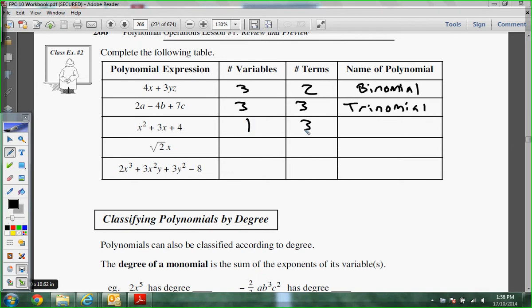And you'd call it a trinomial. Good, good, good. Josie? 1 variable. 1 term. Good. Okay, and Alex? 2 variables.